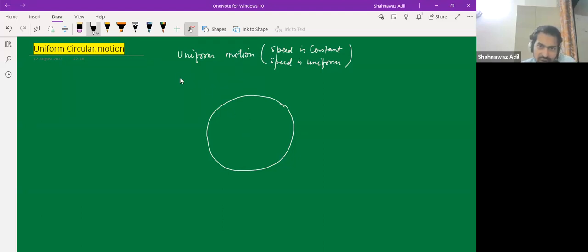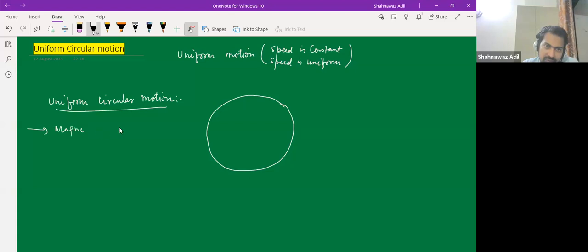So for uniform circular motion, the magnitude of velocity is constant.